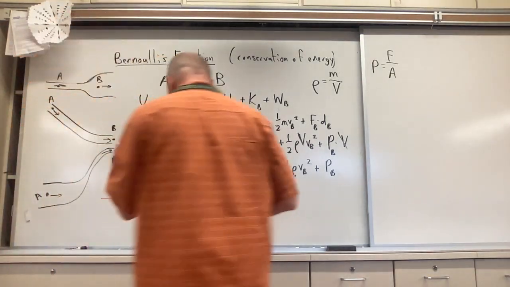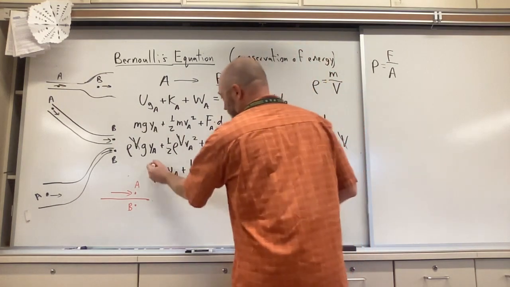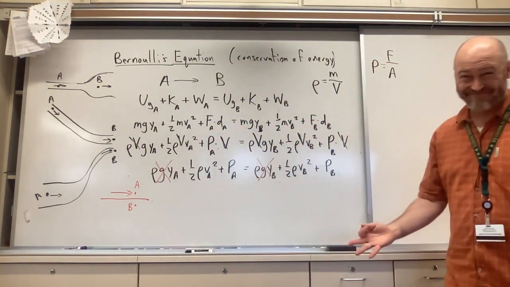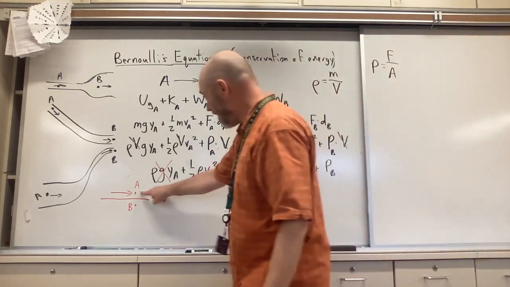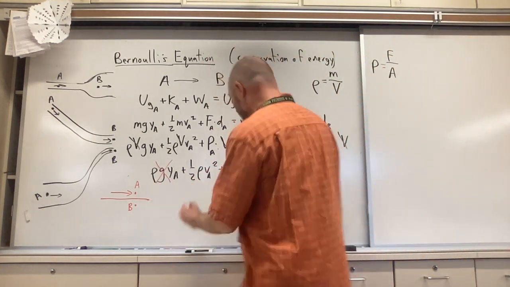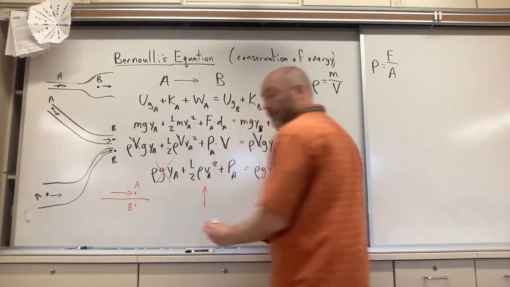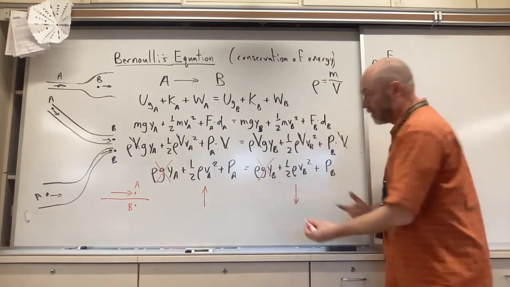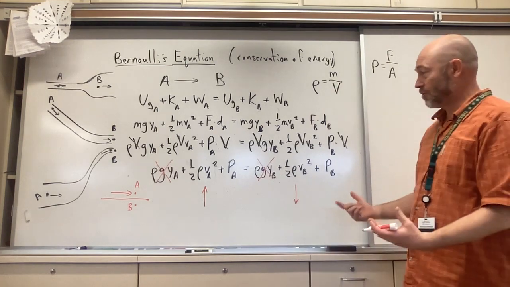So essentially, here's what's happening. This and this are the same, so they cancel out. Well, at A, I was making the fluid go faster. At B, the fluid was going slower. It really wasn't moving at all. It was in the room here.